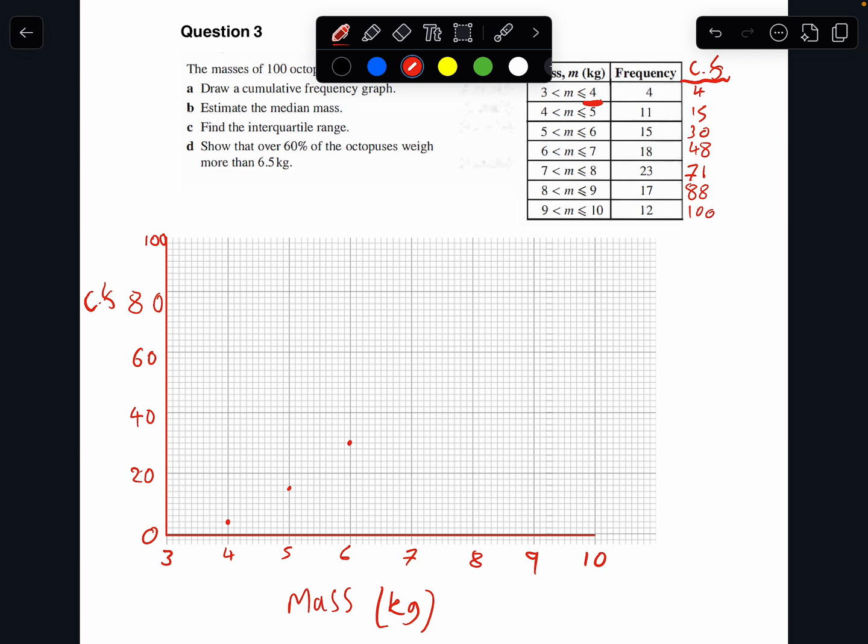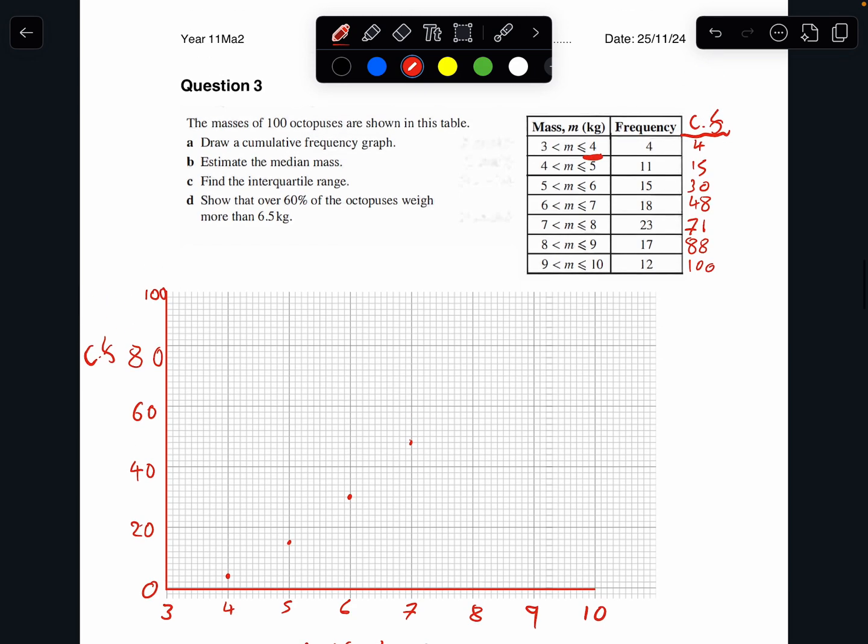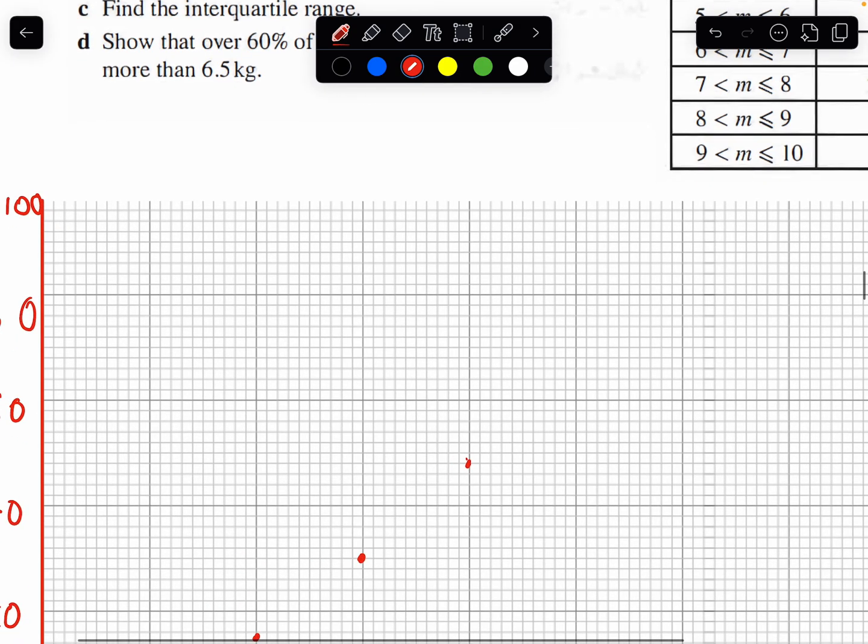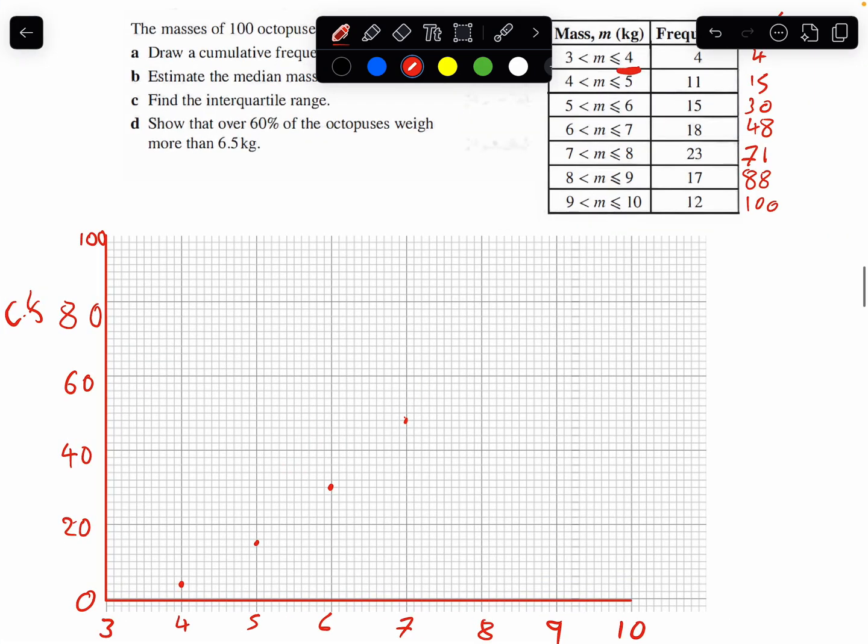That is there. At 7, it goes up to 48. So once again, I'm plotting the upper bound with the cumulative frequency. Yeah, that's 48. 71 is going to be there.